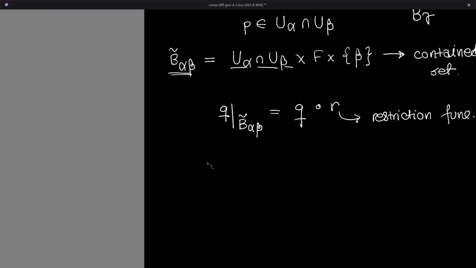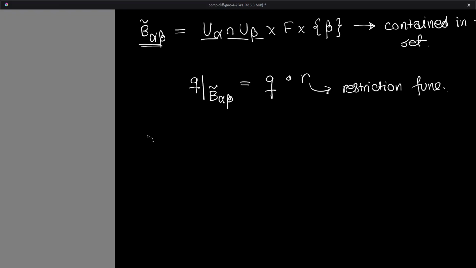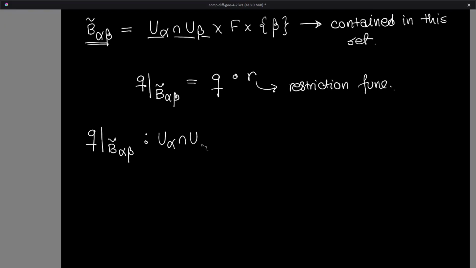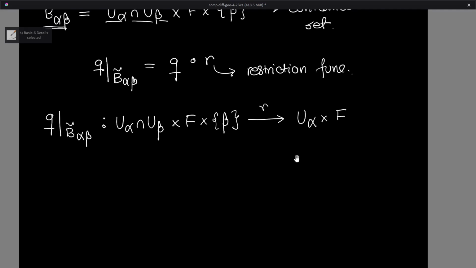Let's think about the way that this map is going to map domains. It's going to go from U alpha intersection U beta cross F cross beta. That's its domain, and then R is going to map that to a restriction of it, U alpha cross F. We don't need to have the alpha because that's a single point, so we're going to remove that.